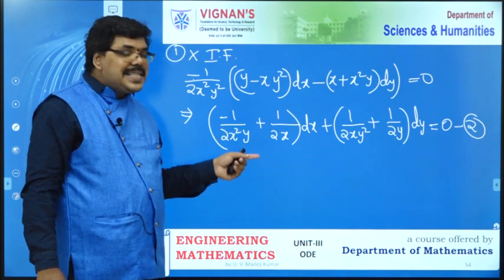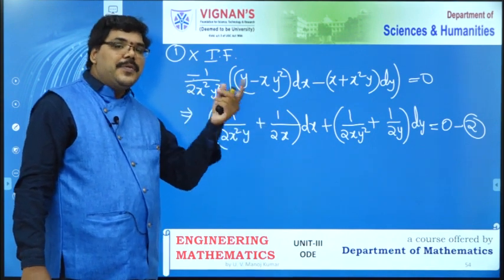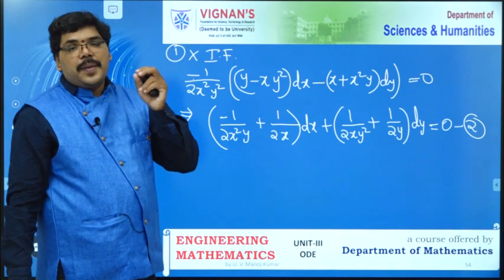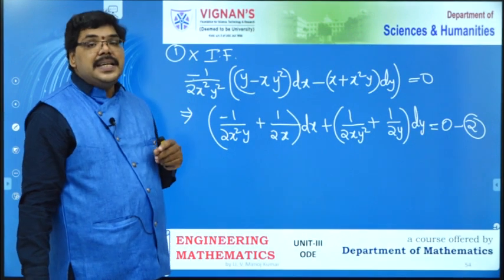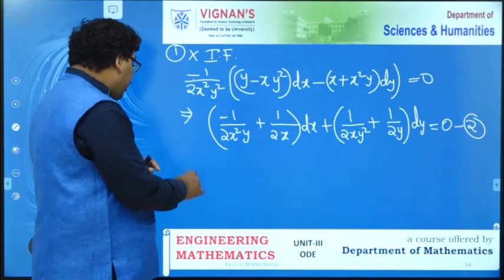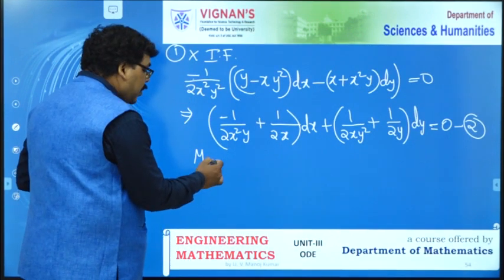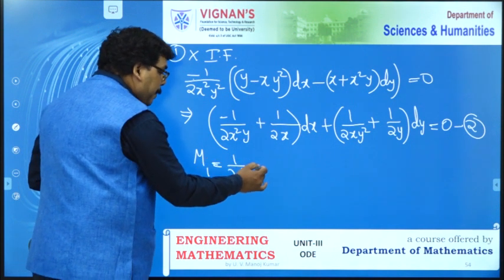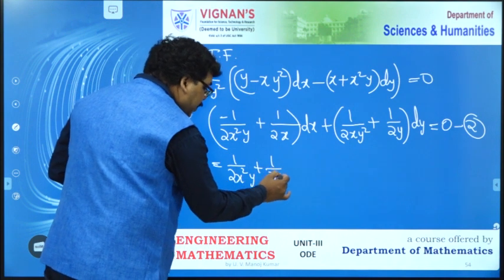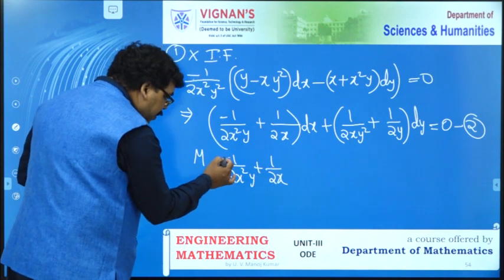So now we have to check this is exact. Original equation is non-exact. So we are multiplying that with integrating factor. So we have to prove the resultant is exact. So what is M1 here? Minus 1 by 2x square y plus 1 by 2x. There is a minus here.